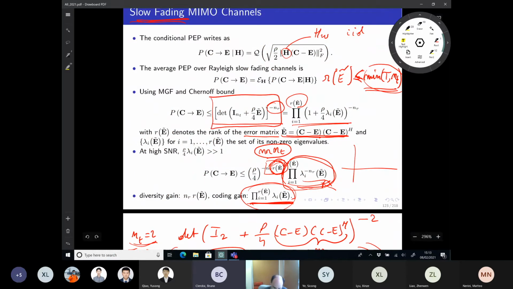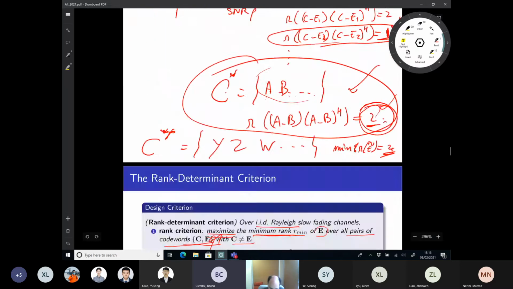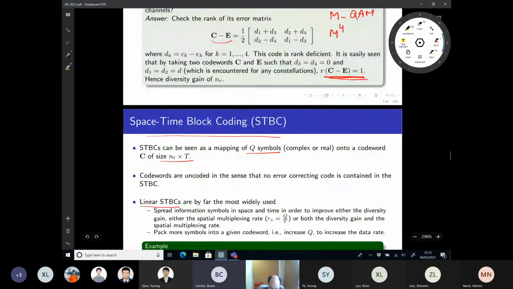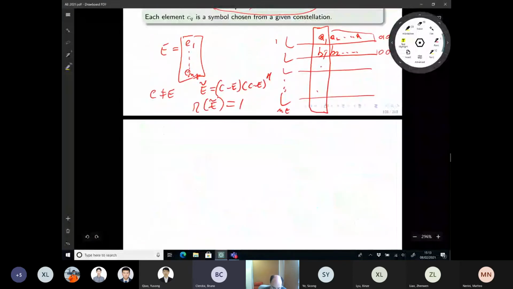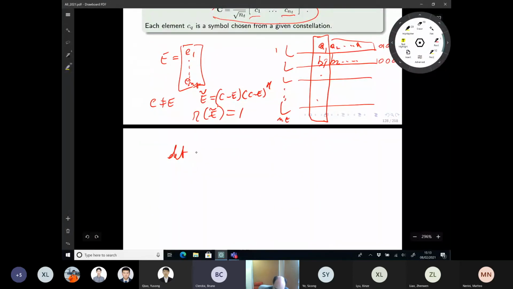Let's use that, right? I have determinant of that. Okay, so what is that? I have determinant of I_NT plus rho over 4 E tilde, and I have minus NR.